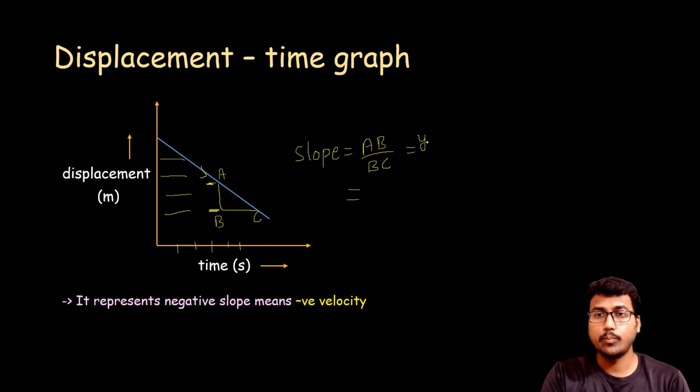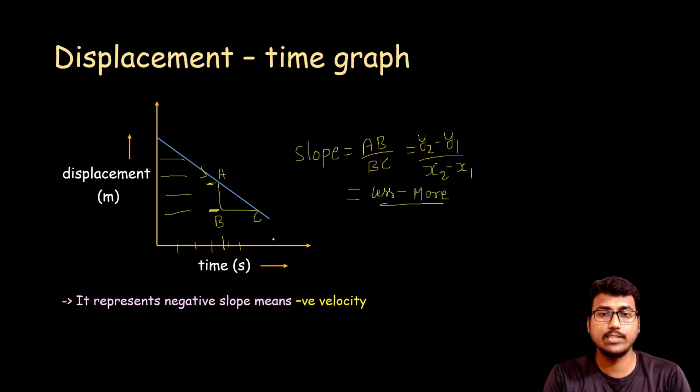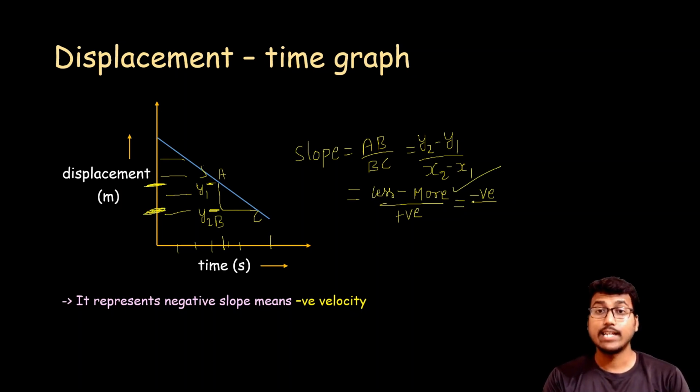So y2 minus y1 is negative, while the time is increasing, so the denominator is a positive value. Therefore you get a negative value, because y1 is higher and y2 is lower. That's why the slope is negative, so velocity is negative. Hope you have got it.